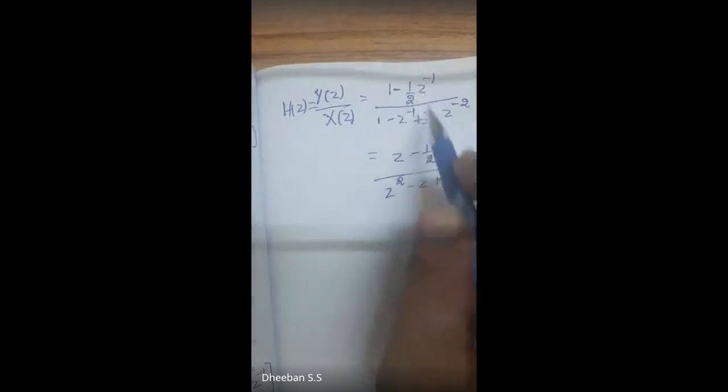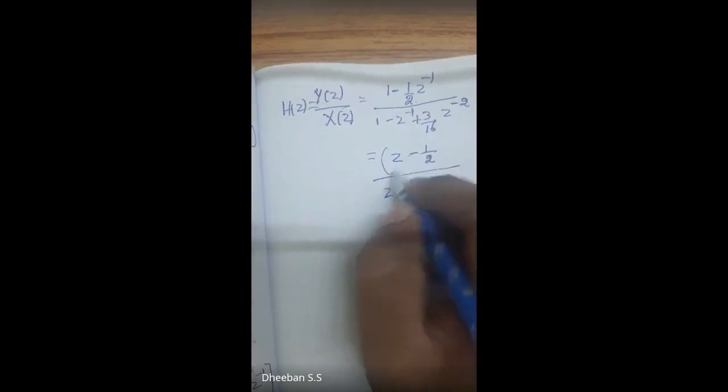Multiply by z square, so here one z will be there.